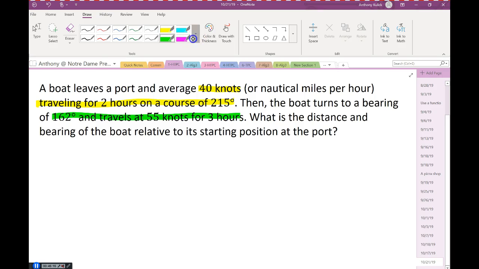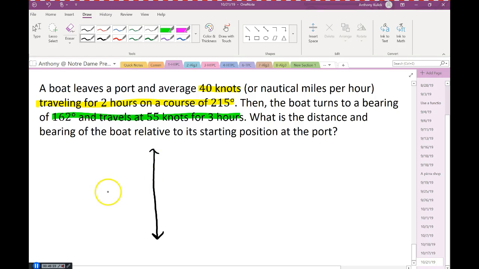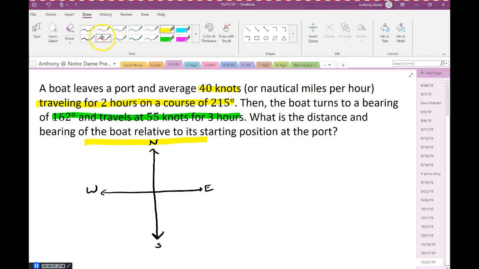So to do this, I'm going to just draw a series of pictures to assist me in doing this. So for the yellow part of our trip, I'm going to be looking at this picture. So 40 knots for 2 hours.